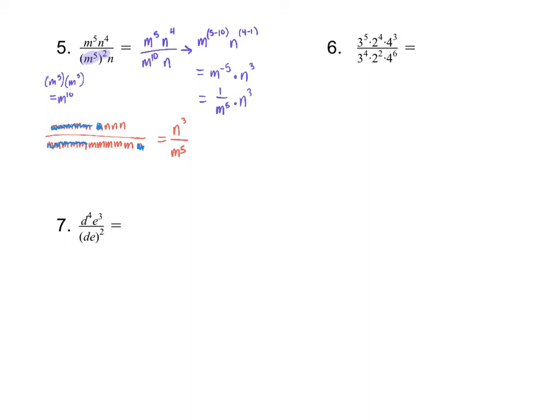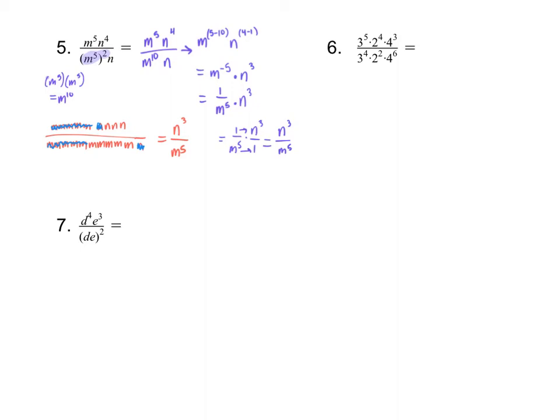And if I wanted to, I could rewrite this as 1 over m to the 5th times n to the 3rd over 1. So when I multiply straight across, I just end up with n to the 3rd over m to the 5th, because 1 times n cubed is n cubed, and 1 times m to the 5th is still m to the 5th. So we end up with the same answer.